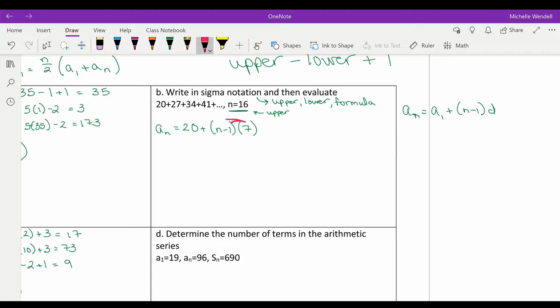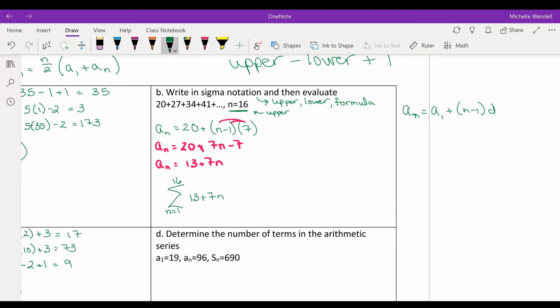Now I can distribute the 7 through. So I get a sub n equals 20 plus 7n minus 7. So I get 13 plus 7n. So that's the formula that I'm going to plug in to my sigma notation. So 13 plus 7n. My upper limit is 16 because, again, that is the last number that I'm plugging in for, and I'm starting at the first term.